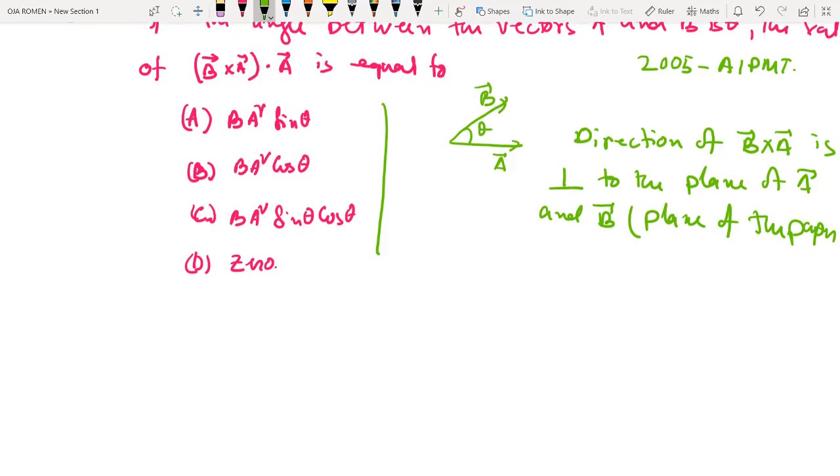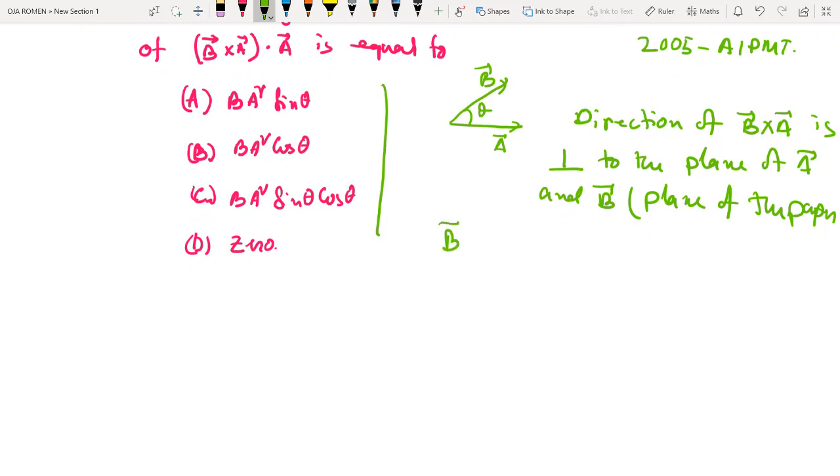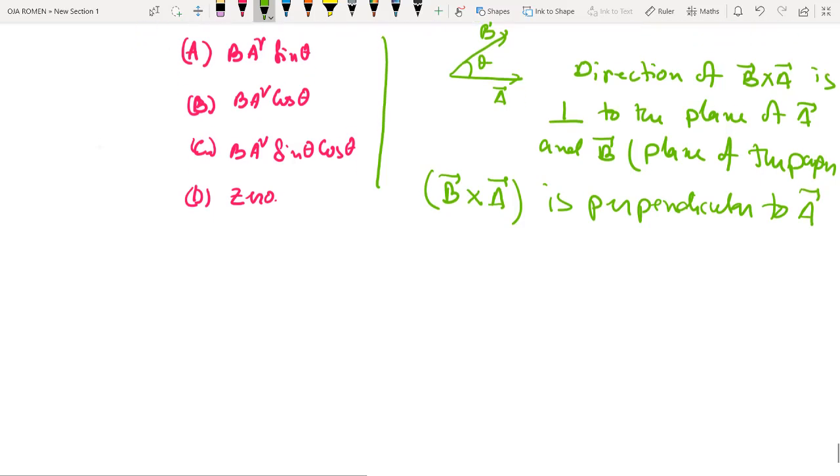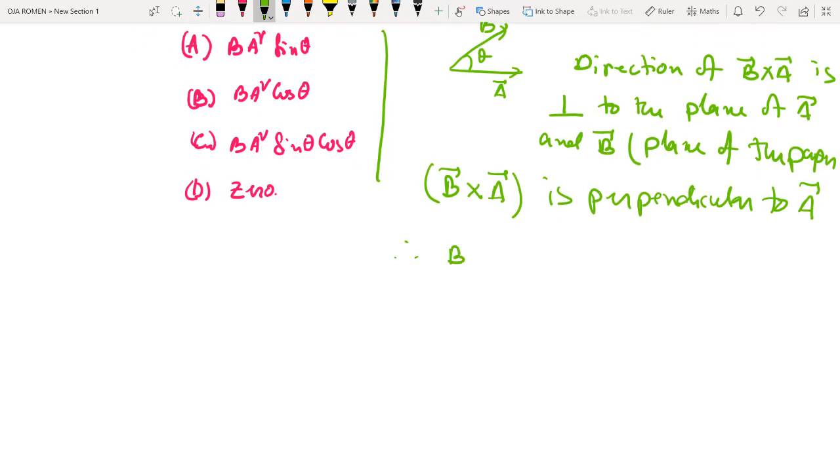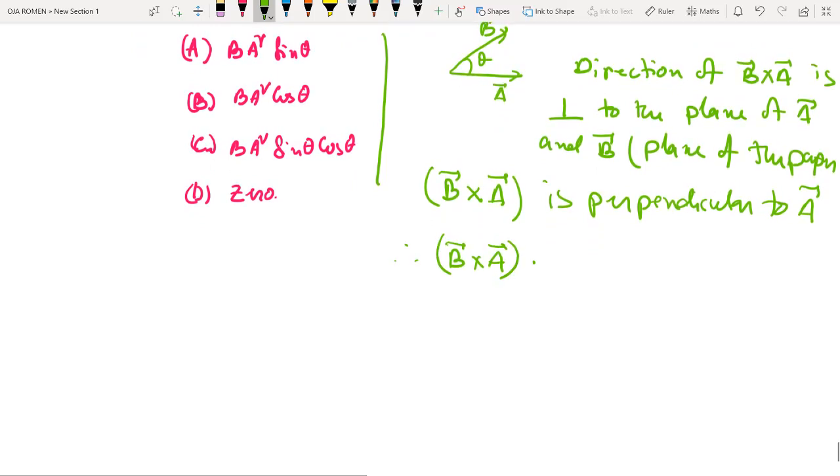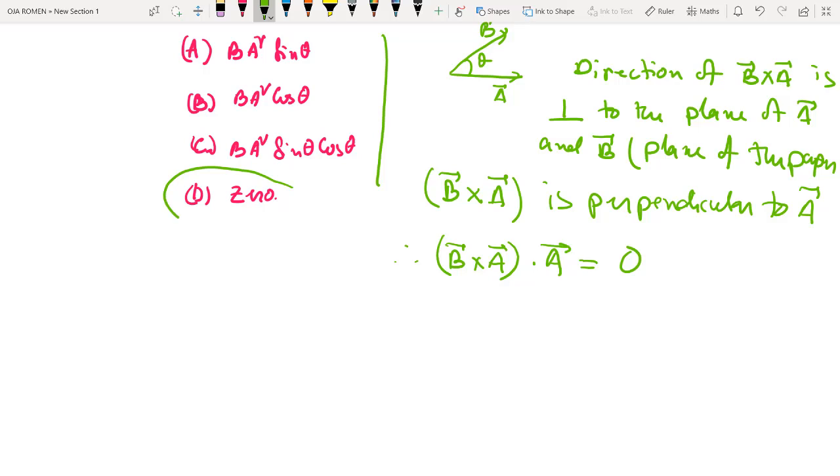So B cross A is perpendicular to the vector A. Therefore, B cross A dot A will be 0. So answer is D.